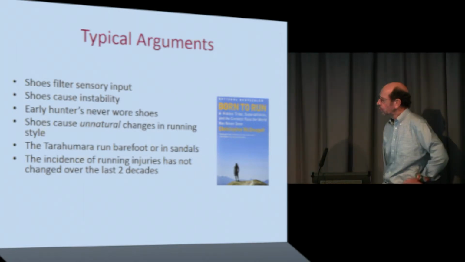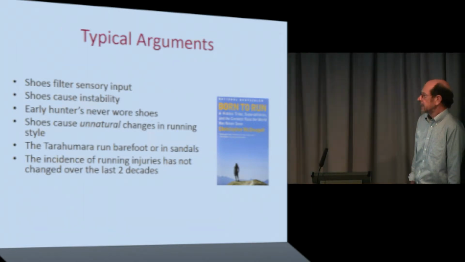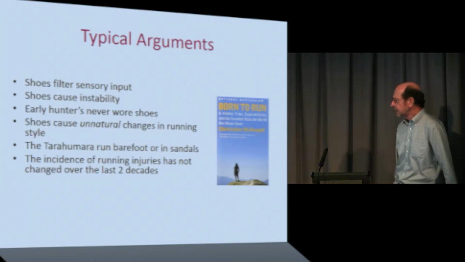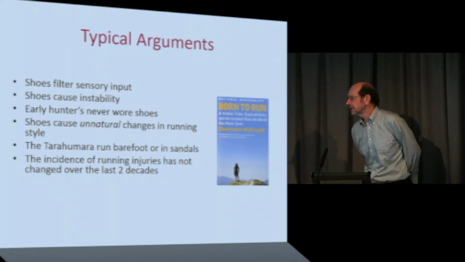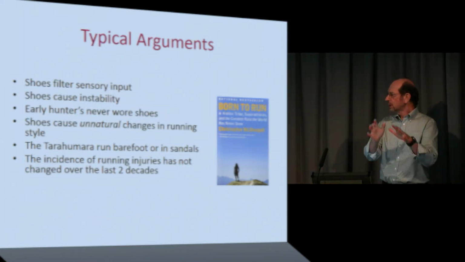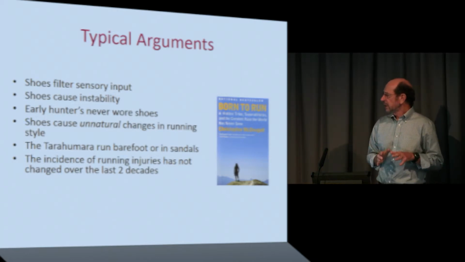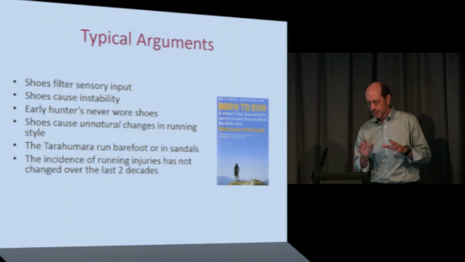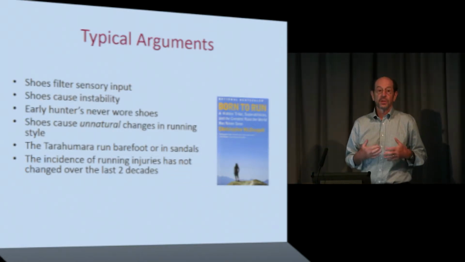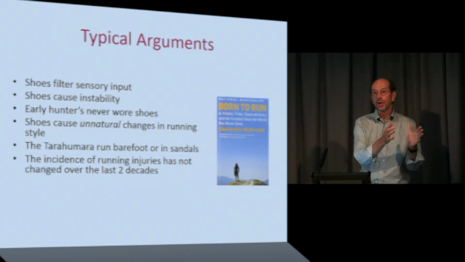Another very interesting one is that the incidence of running injuries has not changed over the last 2 decades. And this, I think, deserves some further study. Unfortunately, we don't have a well-designed study of an at-risk population that is a true epidemiological study where you assess risk based on exposure. We don't have a study that has been going long enough.